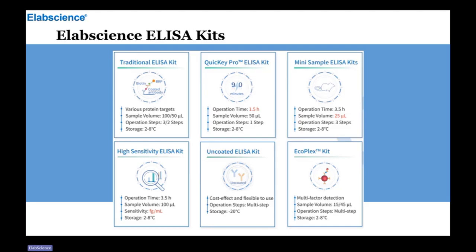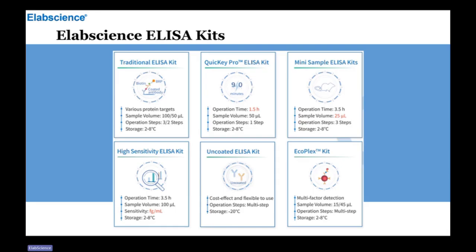This is also based on the traditional ELISA, but this is specifically for some rare samples like mouse urine or mouse saliva, because you know that these two kinds or some other rare samples are very little to get. So it is very hard to find a large volume for these kinds of samples.